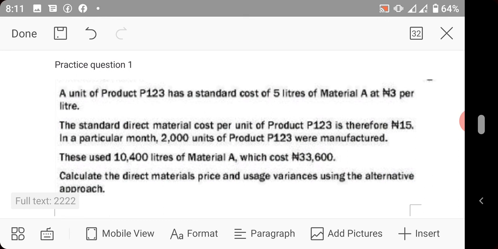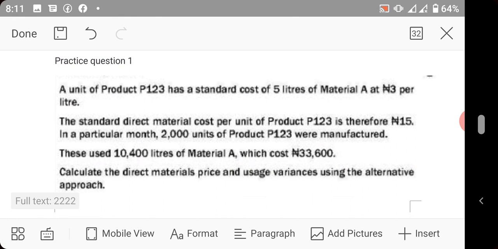To produce one unit of product P, we will use 5 liters of material A, and each liter is sold at 3 naira.